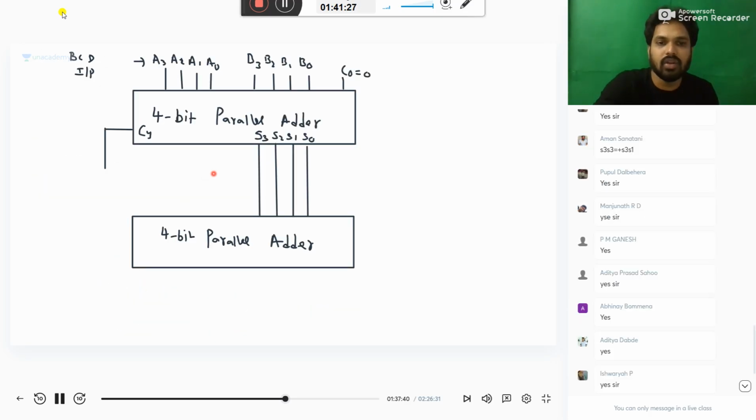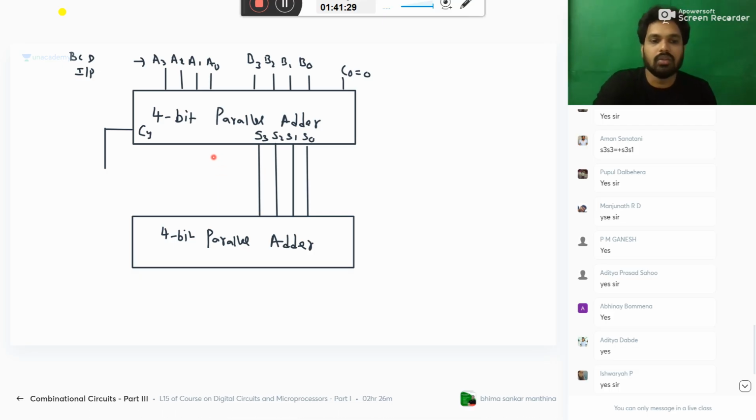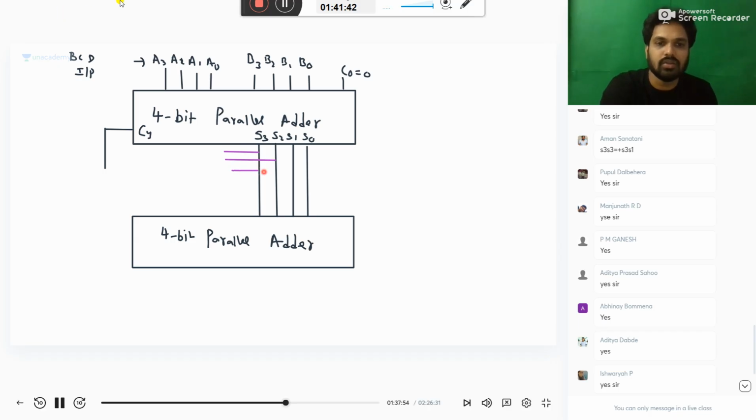So take here one OR gate, which will do the operation of S3 into S2 and S3 into S1.